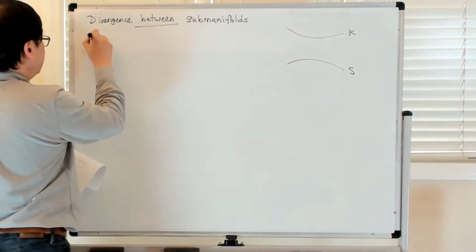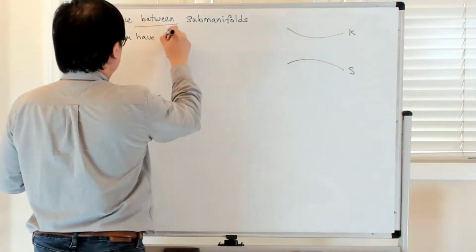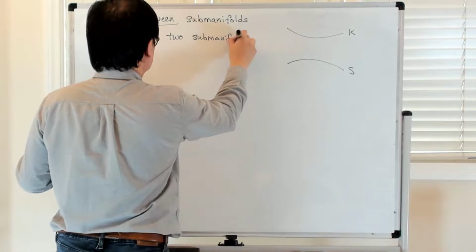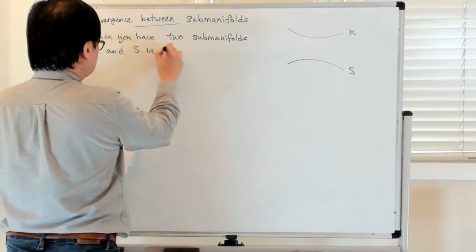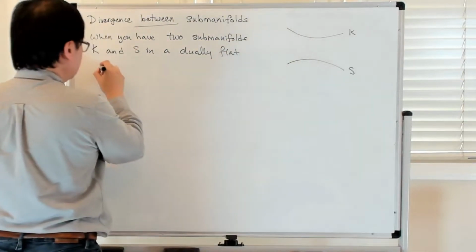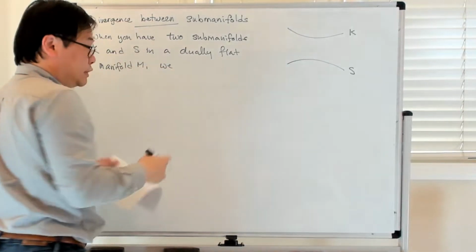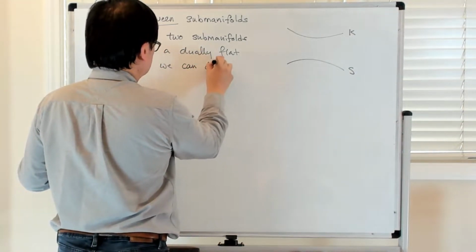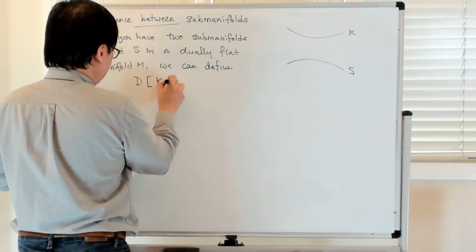Okay, so when you have two submanifolds, K and S, in a dually flat manifold M, let's just call it the divergence between K and S, right?